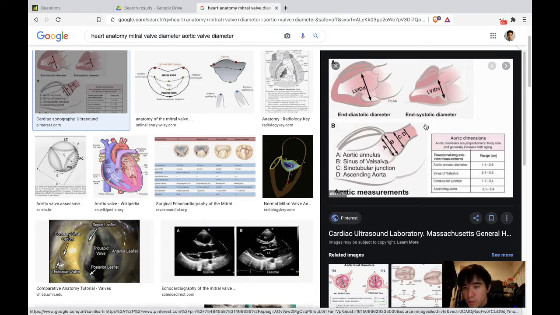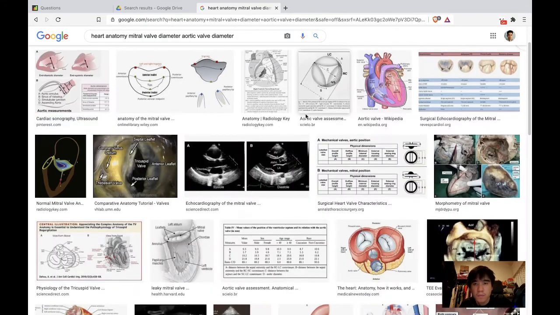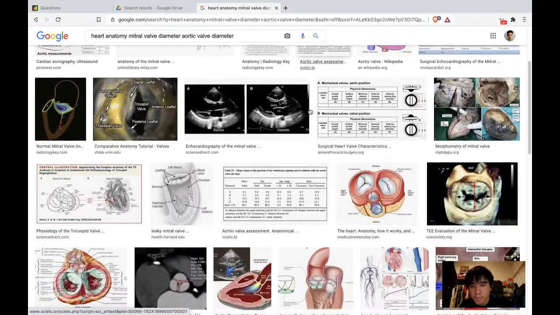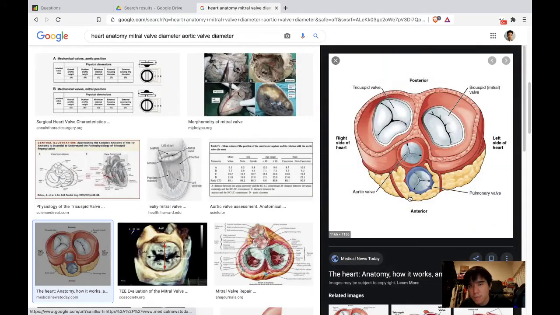0.4 to 2.6 cm. Aortic valve looks smaller.